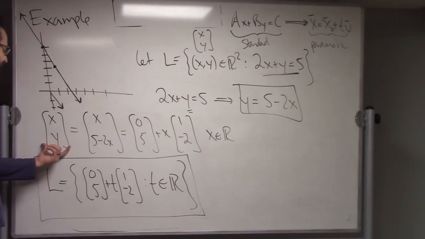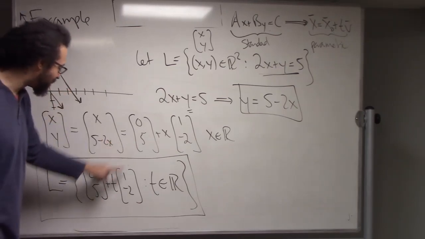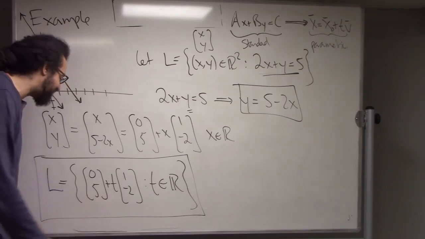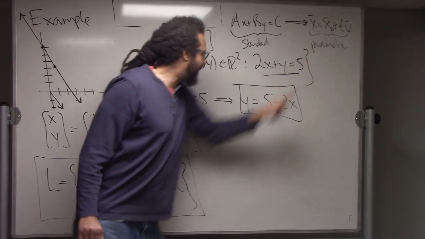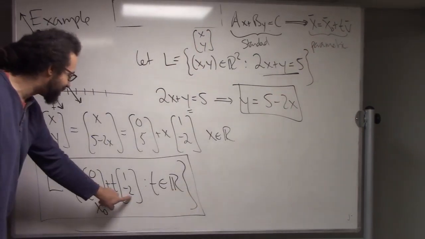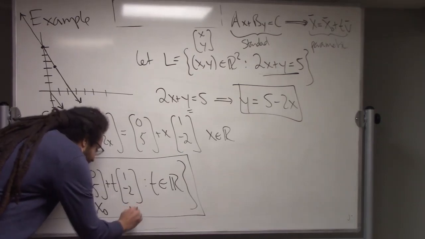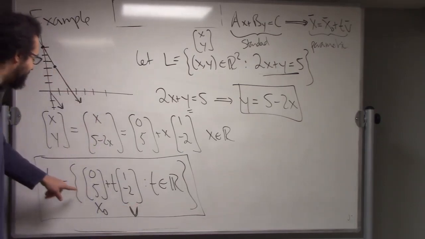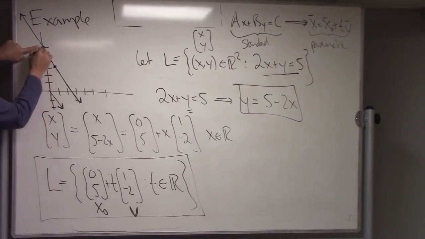So really, x comma y is on this line if it can be written as 0, 5. So here's x0, that's the point x0. And then plus t times 1, negative 2. So here's your direction vector, v. So you can see 0 comma 5 is a point on the line, and so there's a vector that points to it.